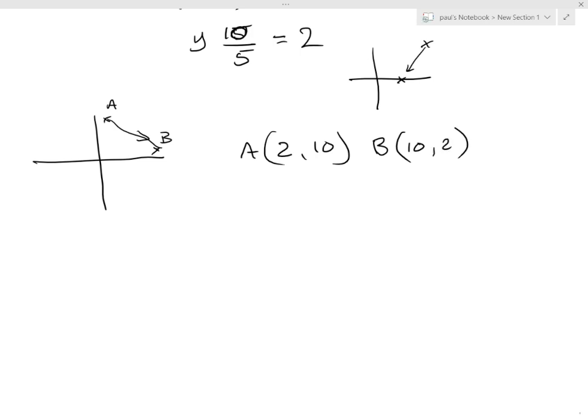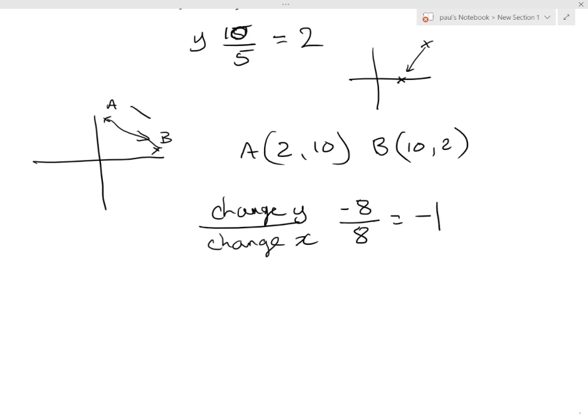So the change in Y divided by the change in X. The Y is minus 8 and the X is plus 8. So that gives me negative 1. So that's a negative gradient going down. That's better. I had my A's and B's the wrong way around.